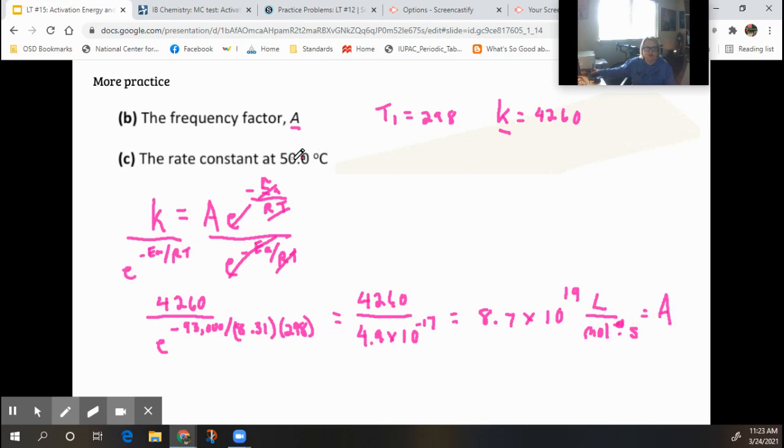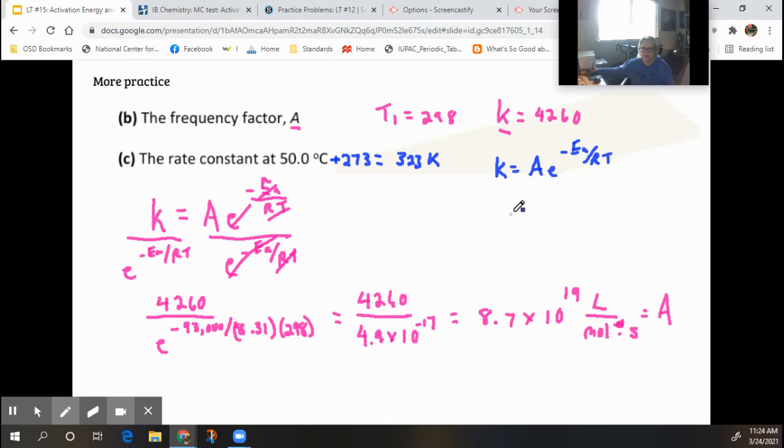And I am going to now use all that information in the exponential version of the Arrhenius equation to get my new rate constant at 50 degrees Celsius. Immediately change that over to Kelvins by adding 273. And when I do that, I get 323. And I'm going to have K equaling A times exponential minus EA over RT.